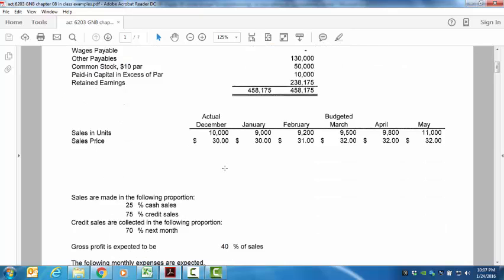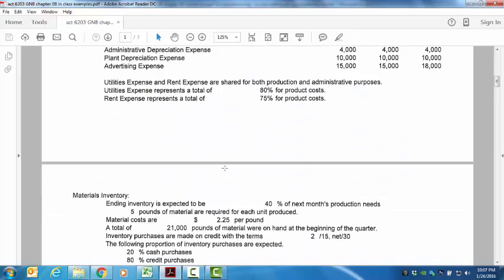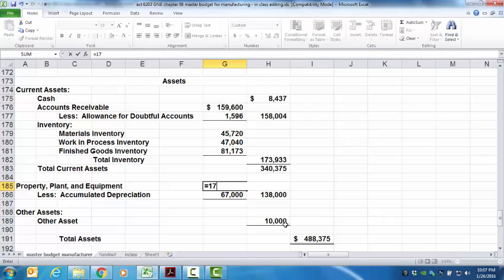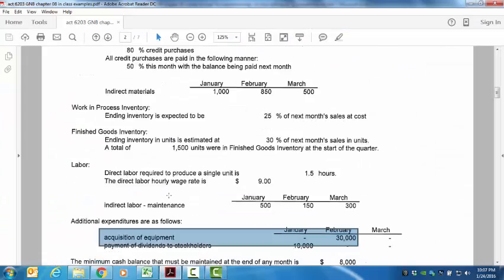But don't forget, during this period, we went out and bought $30,000 more of equipment. So when I put those two together, I have $175,000 that I started with, plus the $30,000 I bought, and that gave me the $205. As far as the accumulated depreciation, we started with the $25.